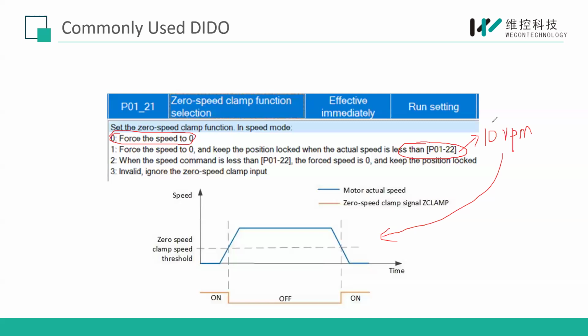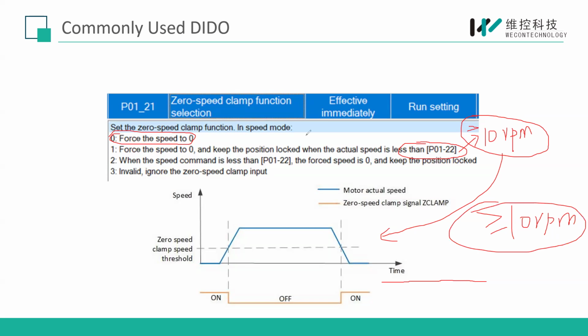So when the speed is smaller than 10 RPM, the motor will not rotate, it will keep a zero speed. Only when the speed is bigger than 10 RPM, the motor will begin to rotate. So this is the zero speed clamp function.